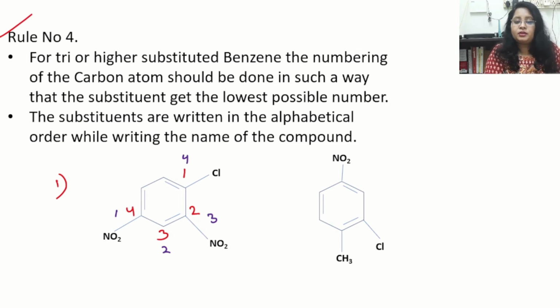So which numbering we use will depend on the addition of the positions, and if we get the smaller number, that will be the correct numbering. So let's have a look.